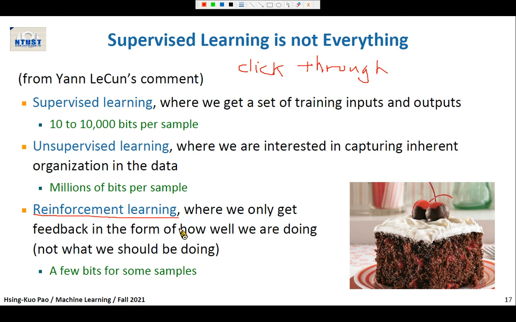John Langford at that time said reinforcement learning is very important given the real-world applications.